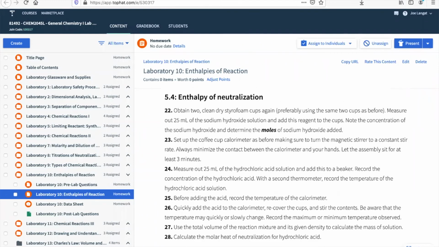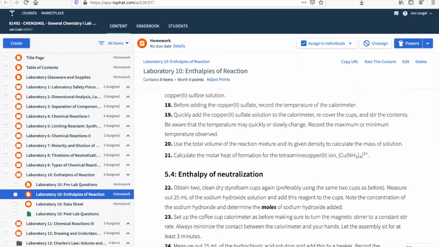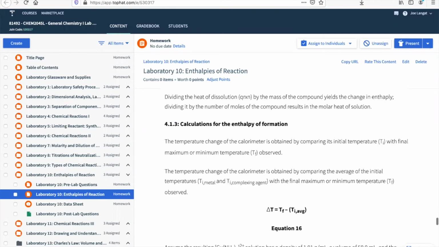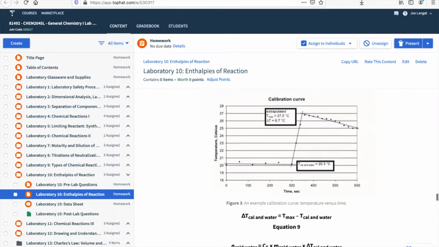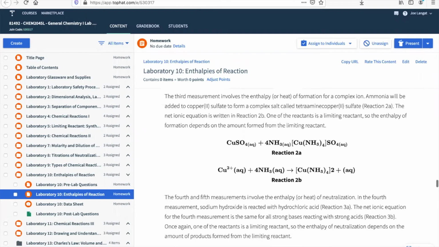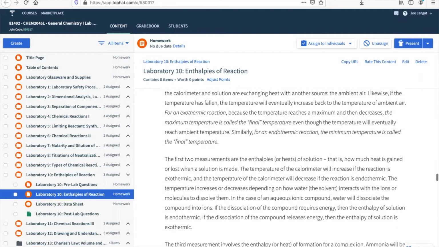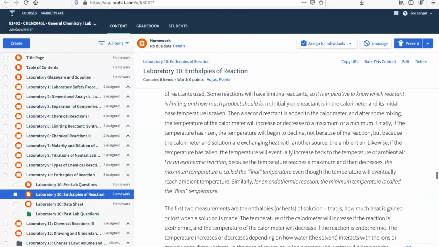Let's look at the reaction between copper. What we are talking about is copper 2. I need to see the equation where we have copper 2 right here. This is where you are expected to come and read the experimental overview 3.0.